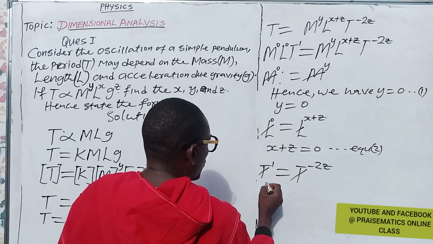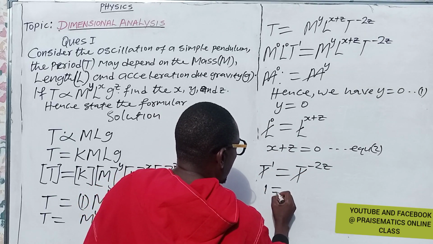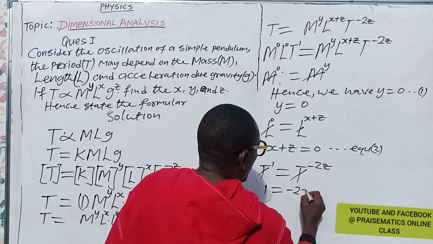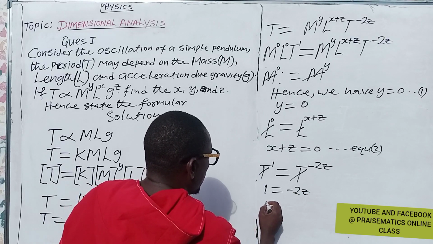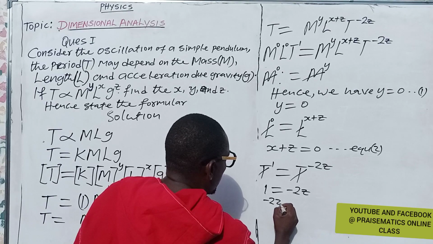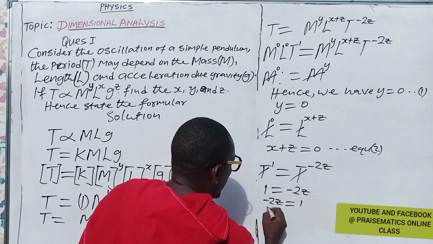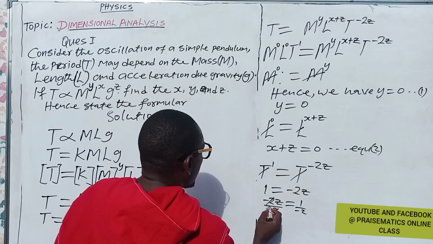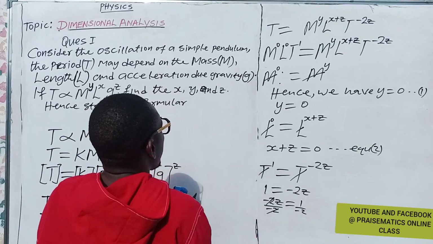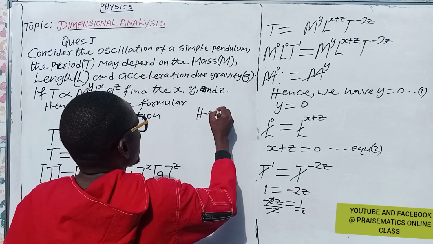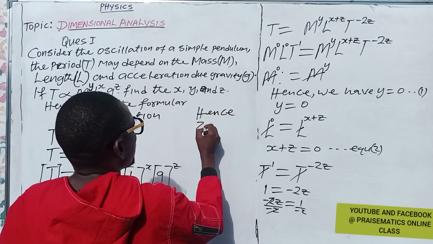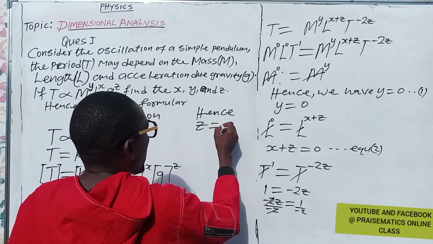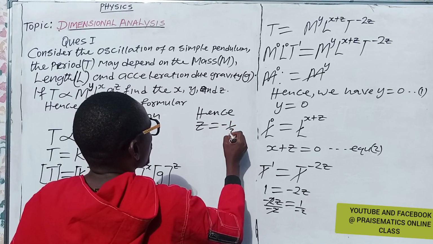Now T will cancel T. We have that 1 is equal to minus 2z. In other words, minus 2z is equal to 1. Divide both sides by minus 2. Hence z equals minus 1 over 2.